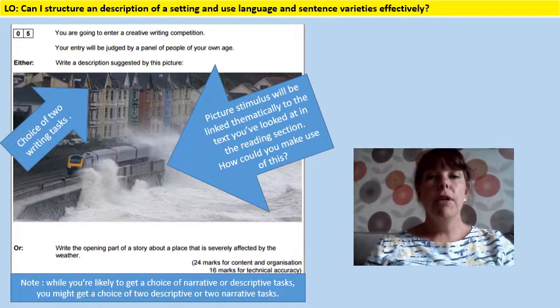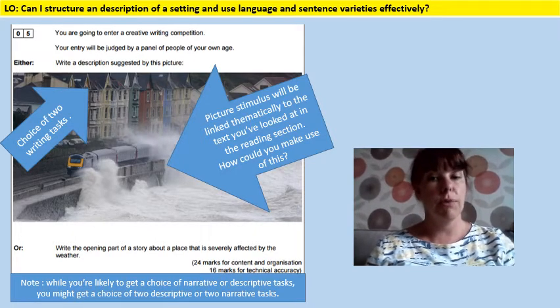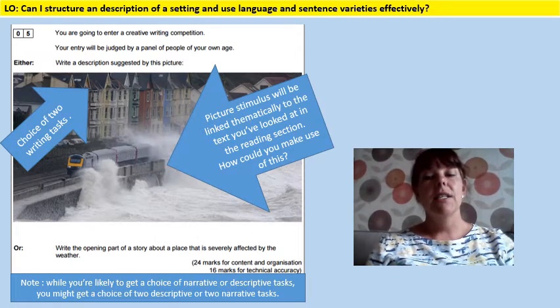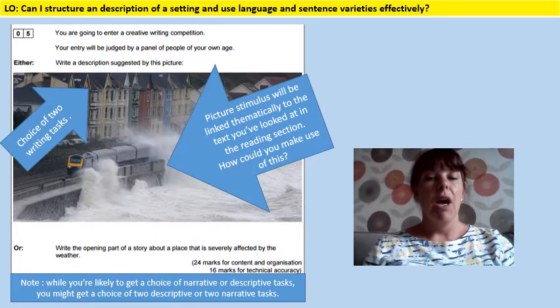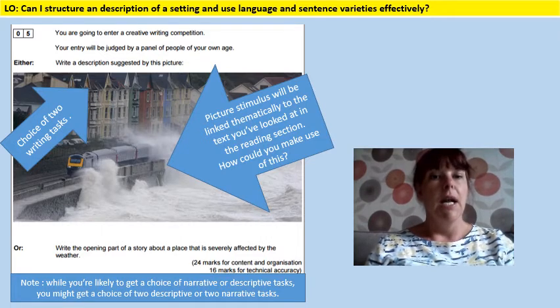So you'll remember that you get a picture stimulus and the choice of 2 tasks. Often one is narrative, a story task, and the other is a description of a setting. Sorry, I'm just looking at my slide rather than making it up off the top of my head.